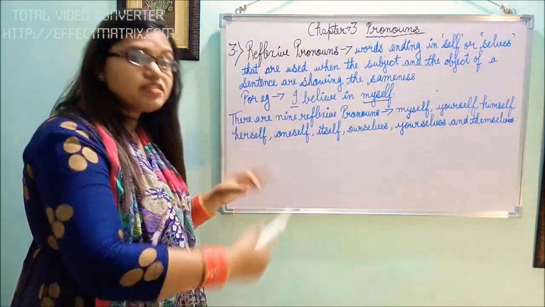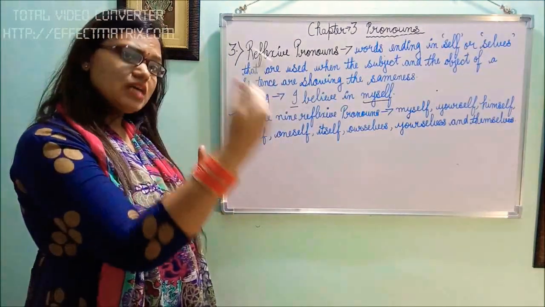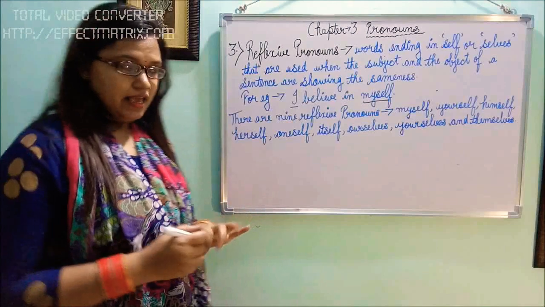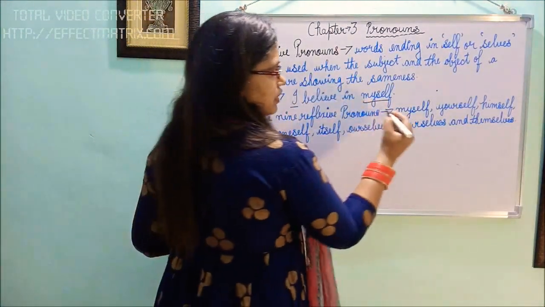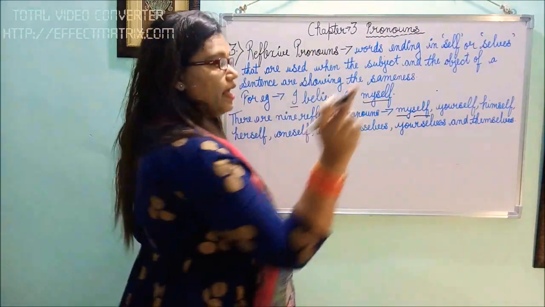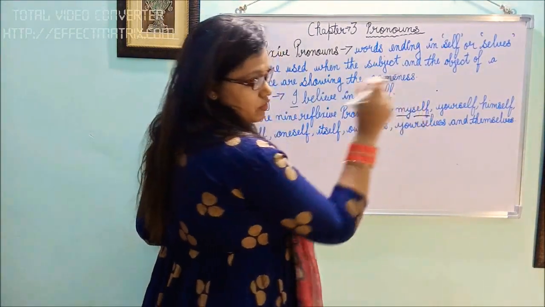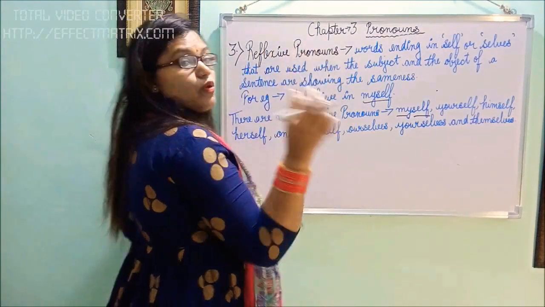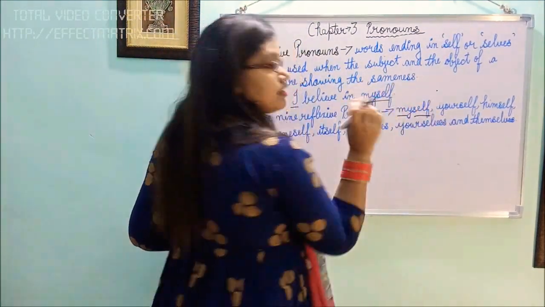They start with a personal pronoun and end with self or selves. See the first word here, myself. My is a personal pronoun and it is ending with self. So together it makes the reflexive pronoun myself.